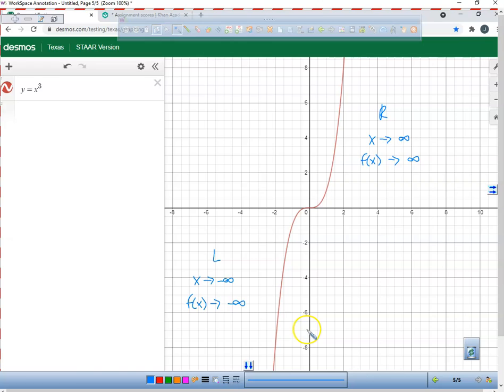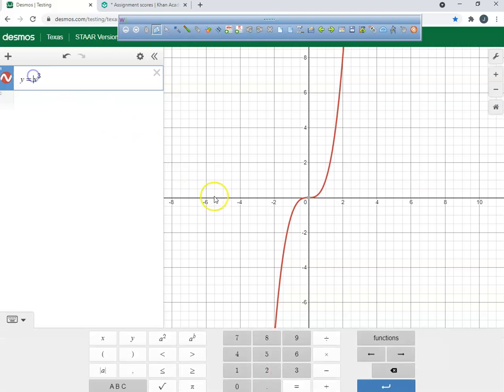Negative infinity. Because the x values going this direction are going to negative infinity, and the x values in this direction are going to positive. Understand this just means approaches: x is approaching negative infinity, y is approaching negative infinity.